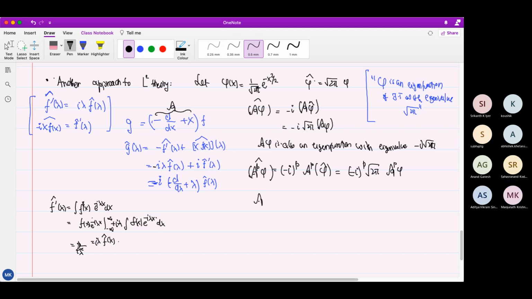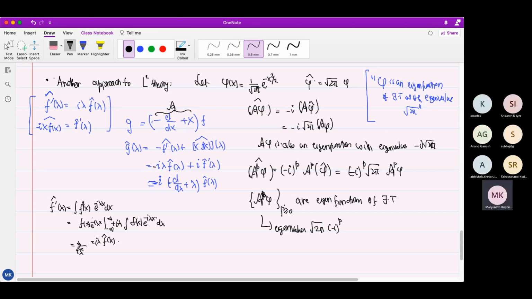So A to the p phi, for p greater than or equal to 0, are eigenfunctions of Fourier transform, and the eigenvalue will always have a factor of square root 2 pi times minus i raised to the power p. These are what are called Hermite functions, and they give the eigenfunctions of Fourier transform.